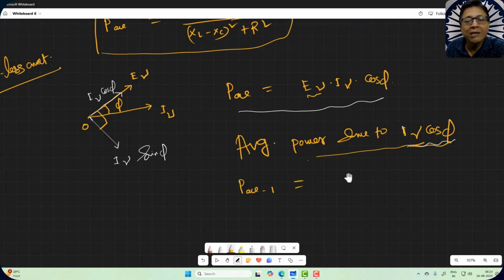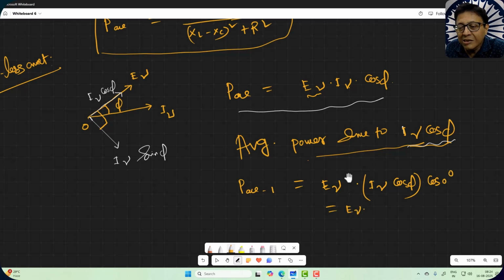E nu will remain as it is, times I nu cos phi, and since I nu cos phi is along E nu, the angle between them is 0 degree. This is going to be E nu I nu cos phi.